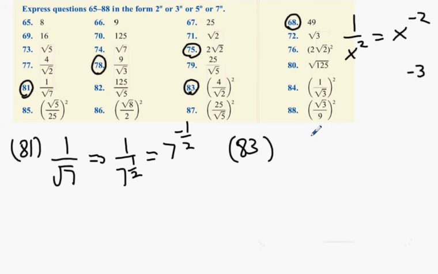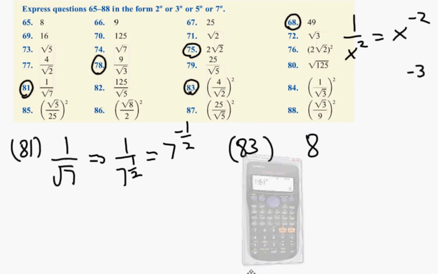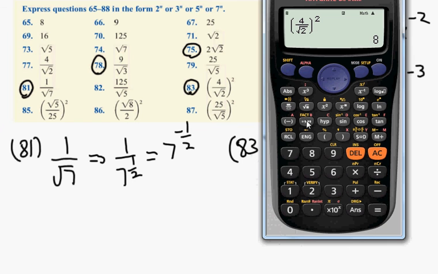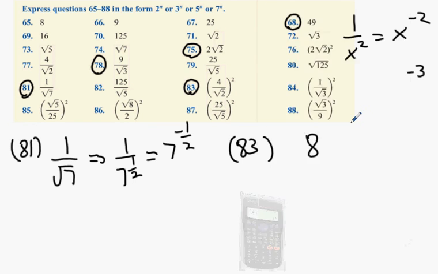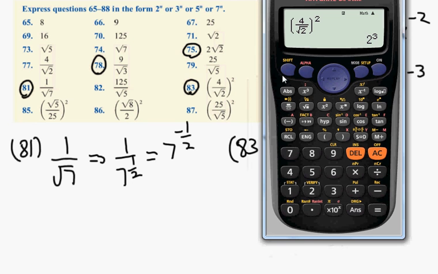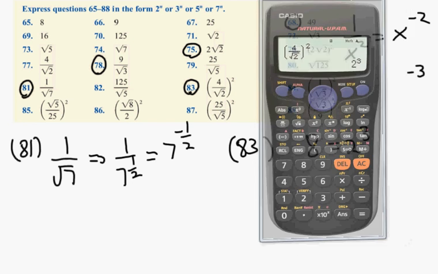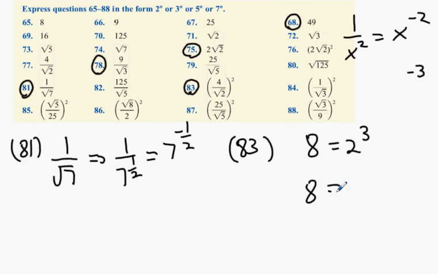So this whole thing is the same thing as 8. Then get 8, shift, factorize, and the answer is 2 to the power of 3. Everybody cool with that? I'm basically saying that 8 is made up of 2 multiplied by 2 multiplied by 2.